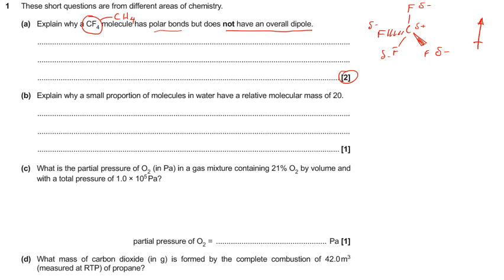So moving on to part B. Now we've got water molecules, and we're talking about their Mr. And straight away you're thinking that the Mr of water is 18, and on average it is. But there'll be a small proportion of molecules which have, instead of hydrogen-1 or protium, deuterium.